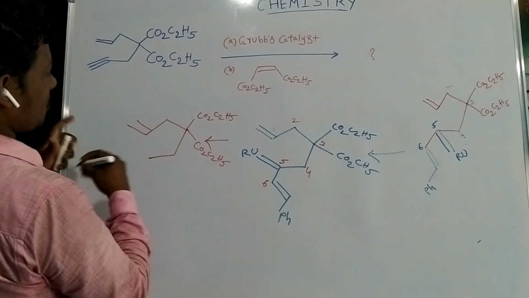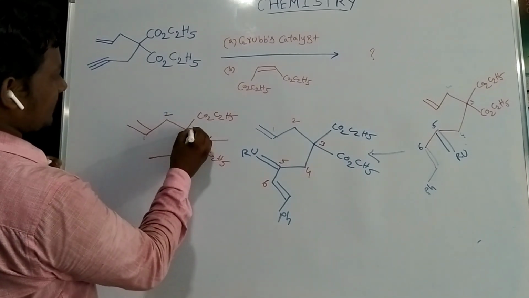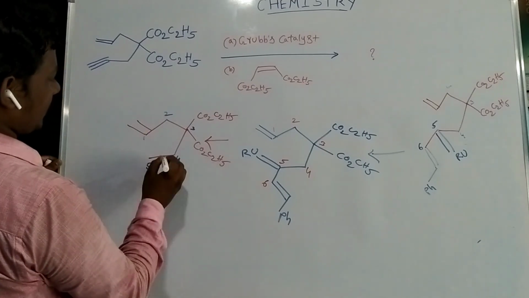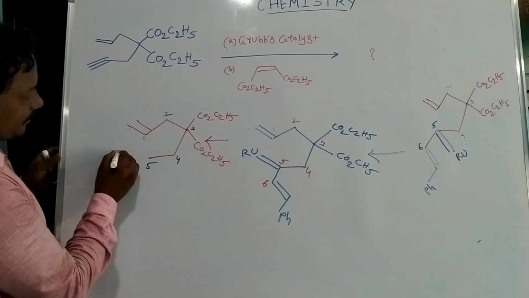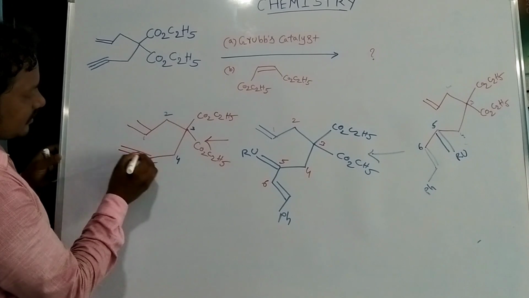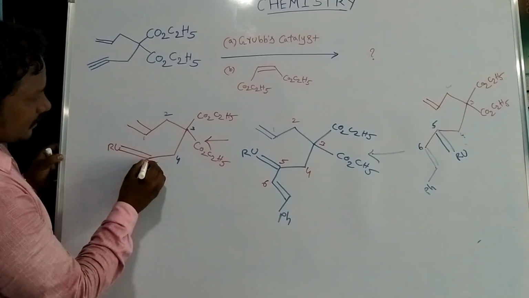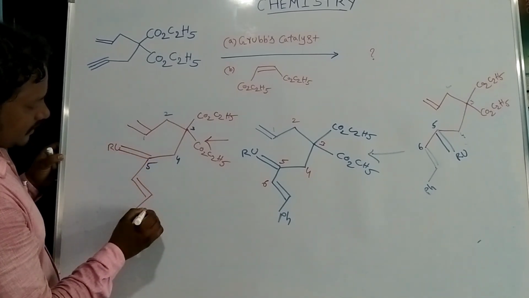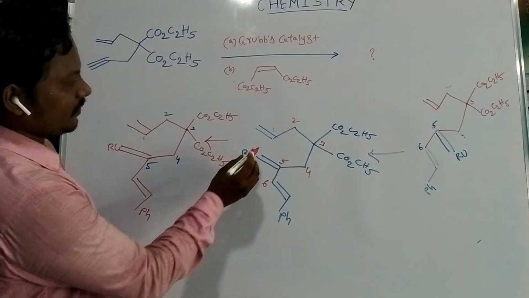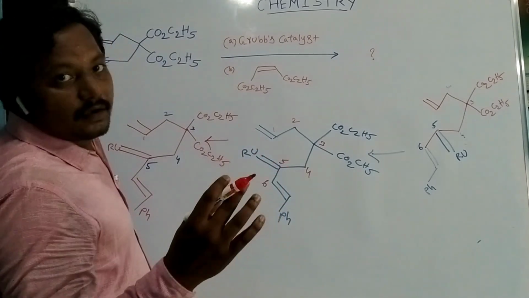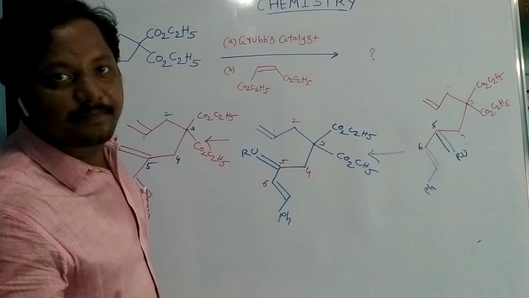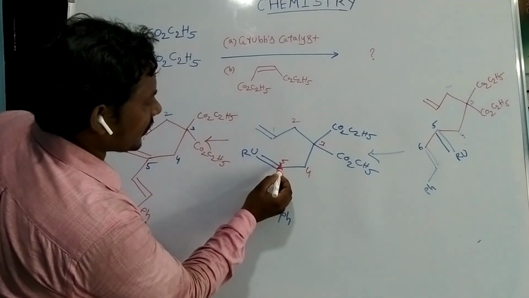This is 1, 2, 3, 4, 5. Okay, this is ruthenium, Ph. Here, if you look at this one, again a new bond is formed between 1 and 5.